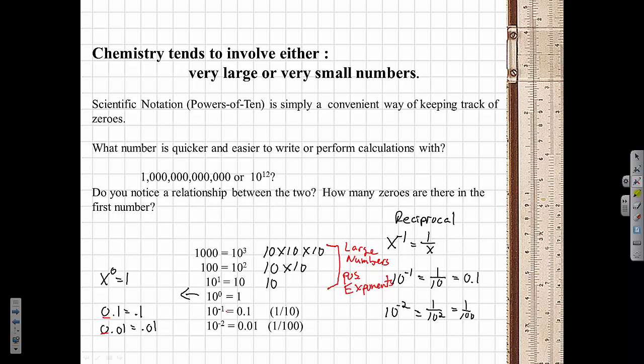And of course, well, small numbers, those that are fractions, those are less than 1. Small numbers have negative exponents.